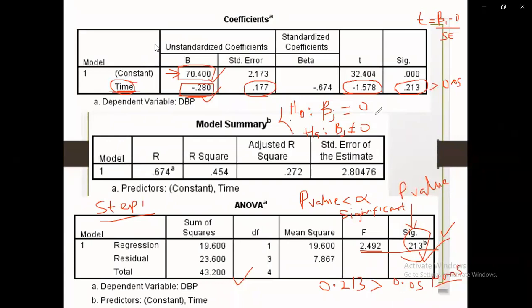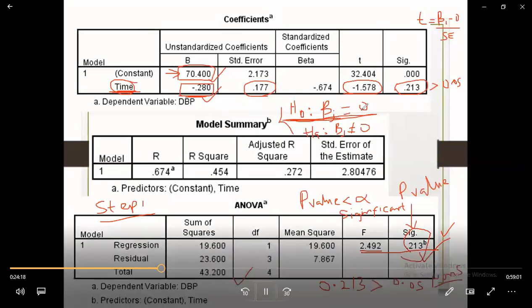So we fail to reject the null hypothesis, and that also suggests that beta 1, the coefficient of time, is equal to 0. If it's equal to 0, then like I explained, it is not relevant toward predicting diastolic blood pressure.